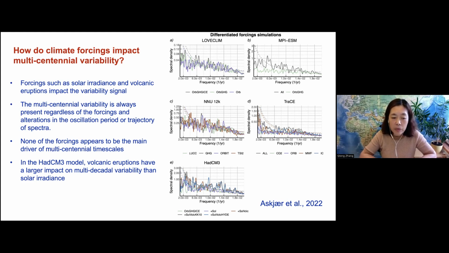For example, in some simulations, like the HadCM model, like Peter's run, we also see that volcanic eruptions have a larger impact on the multi-decade variability than solar irradiance.